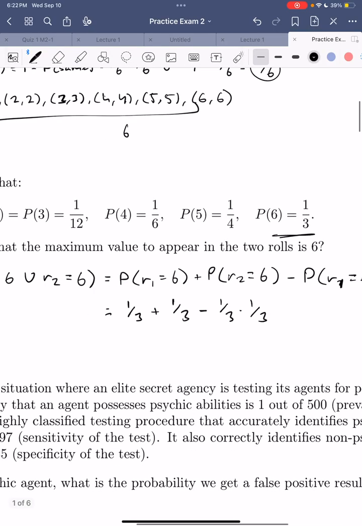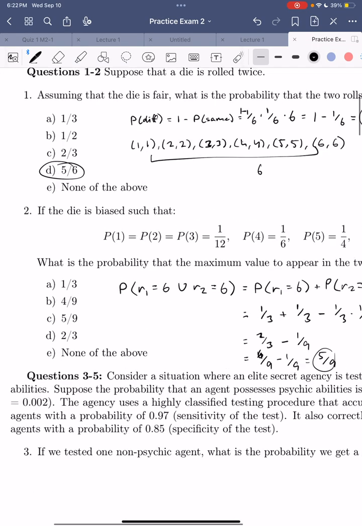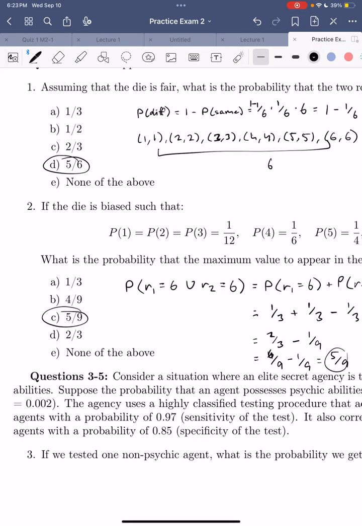So that would be 2/3 minus 1/9. 2/3 is the same as 6/9, minus 1/9, and that equals 5/9. So that is our answer here.